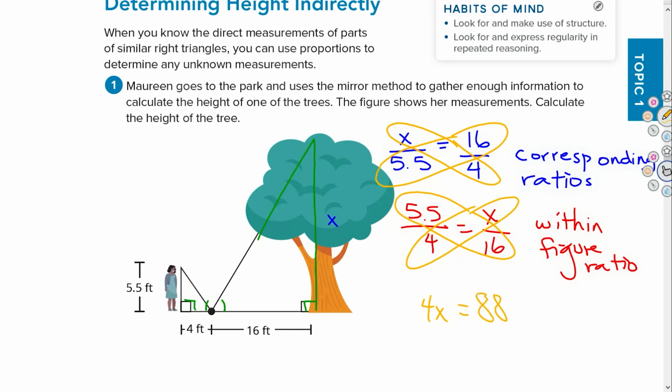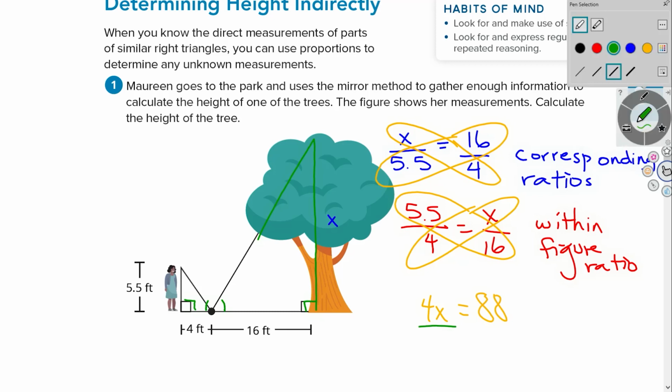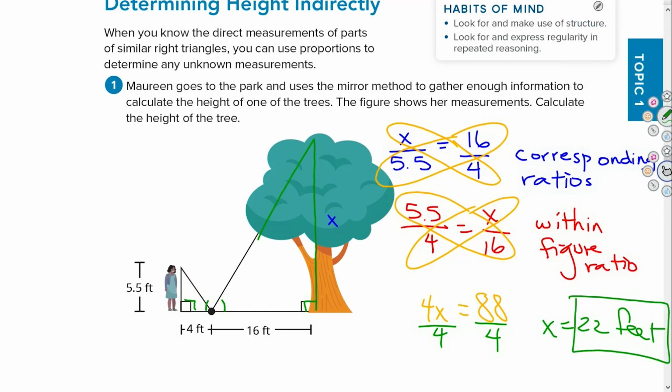Again, it doesn't matter what kind of ratio. You still get the same equation. You then divide by 4, and you find that x is 22 feet. Make sure you have units for these problems, as it's an application problem, so you should give units.